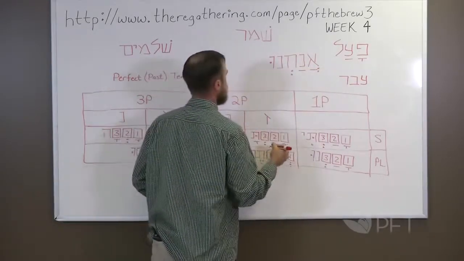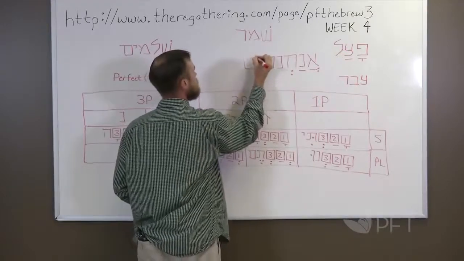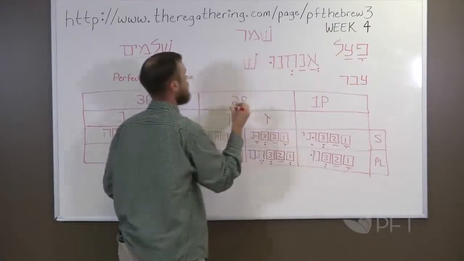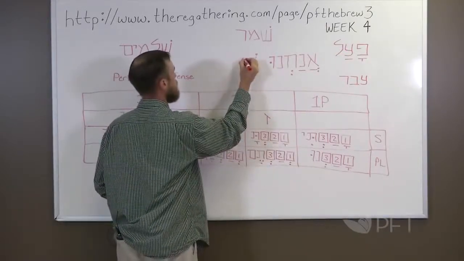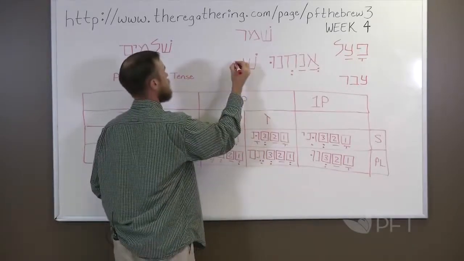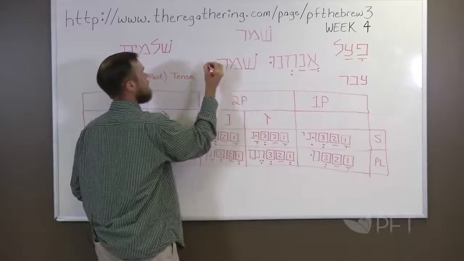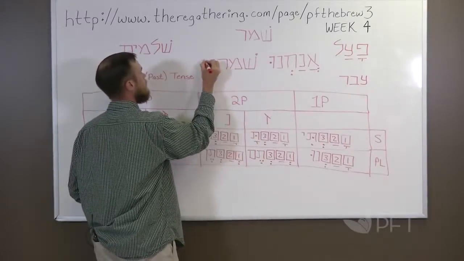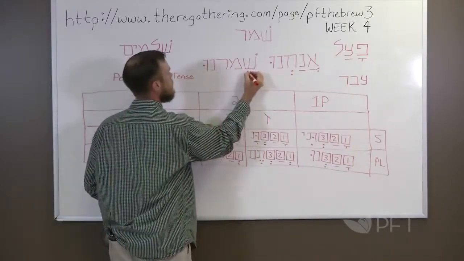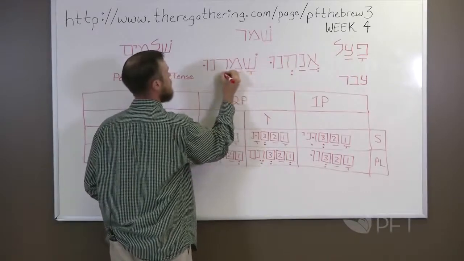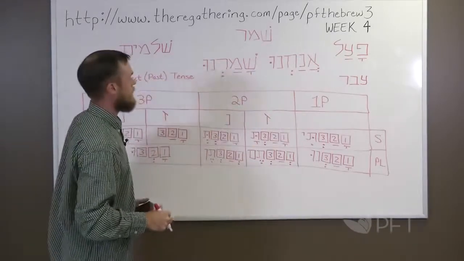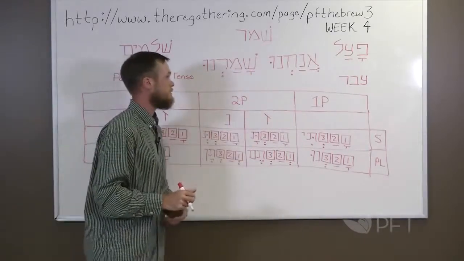I know that's close, but I do have it spelled correctly in the pronoun chart from the class where I went over pronouns, so I did check my dictionary then. All right, anachnu shamarnu, we kept.